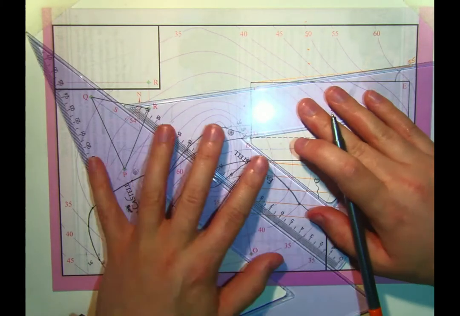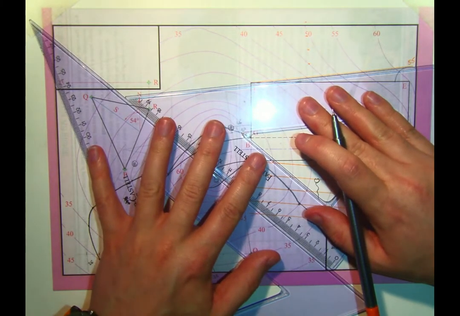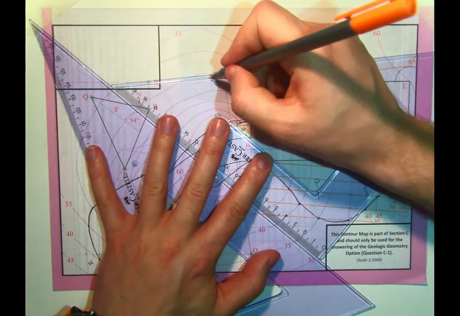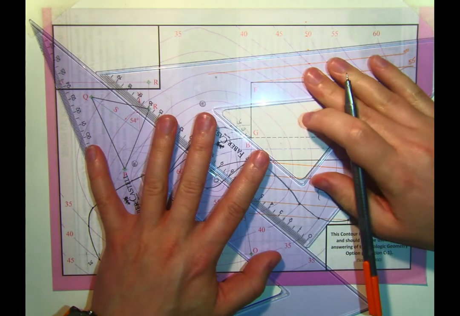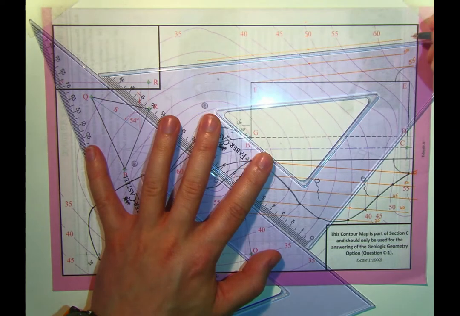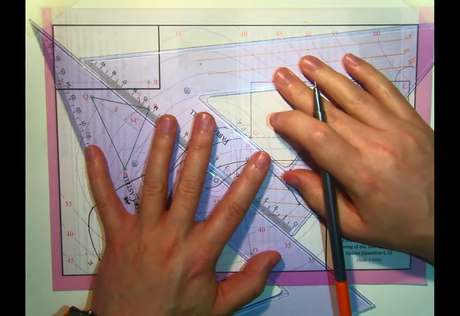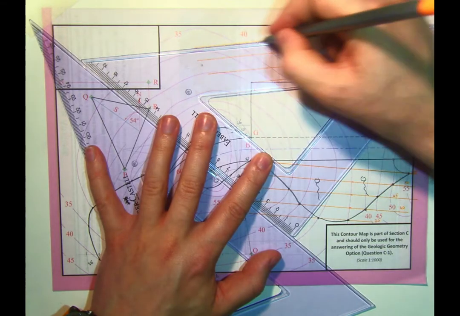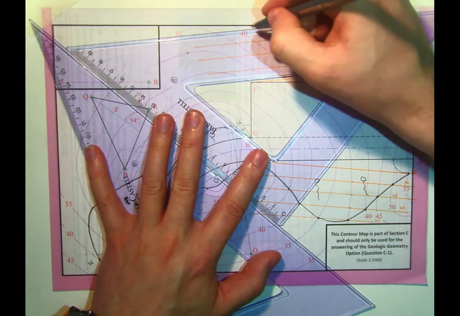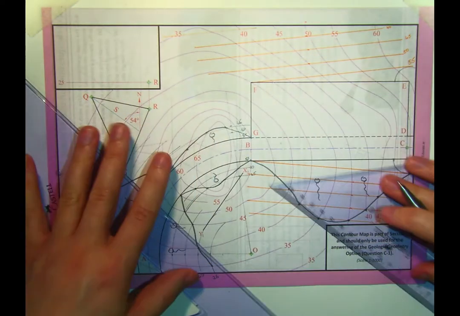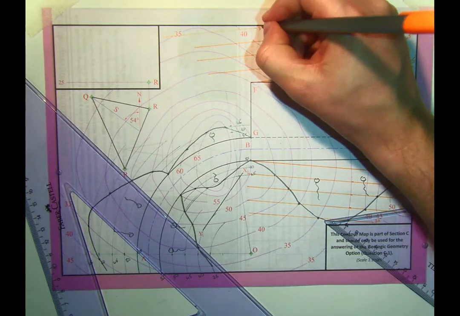So going parallel again. Height line here of 50, 45, 40 and 35. May need it, may not. 35.